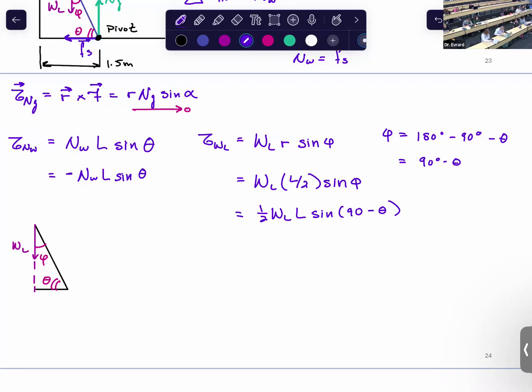Good guess. So there are two ways you can look at it. You can remember the identity that the sine of 90 minus theta is cosine of theta, or you can think of it as a phase shift of a wave. If you phase shift a sine wave by 90 degrees, you get it to line up as a cosine wave.